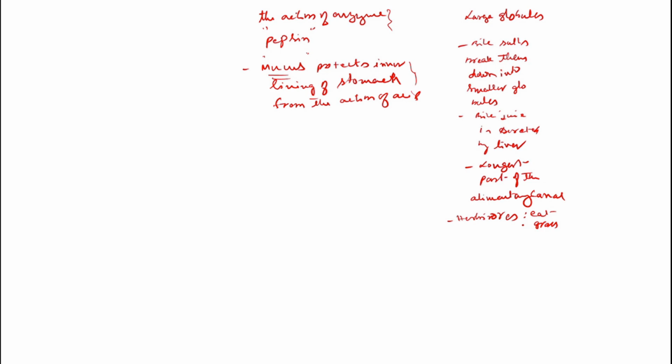That's why they need a longer small intestine, because cellulose has to be digested. So cellulose is very difficult to digest. That's why they want a longer intestine compared to carnivores. So herbivorous means they are eating grass.